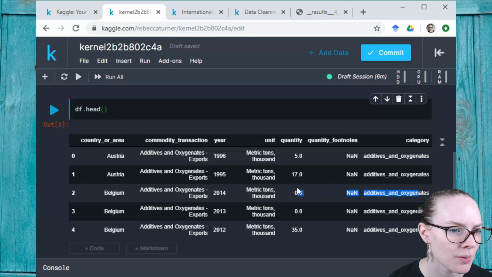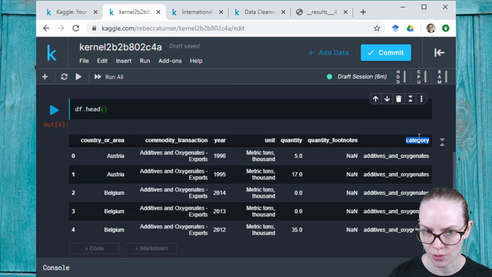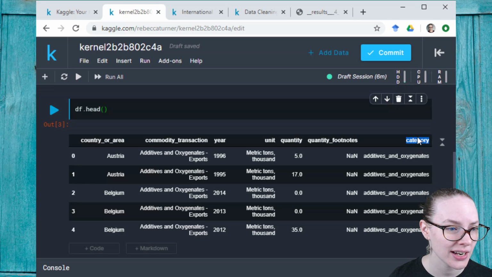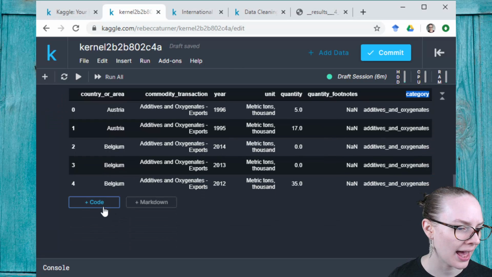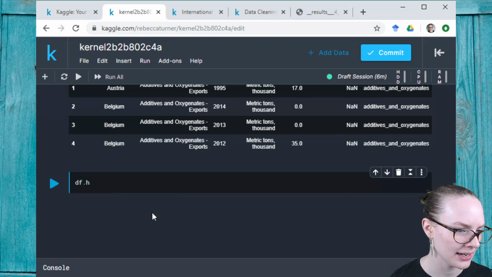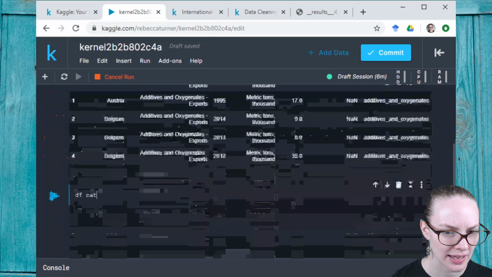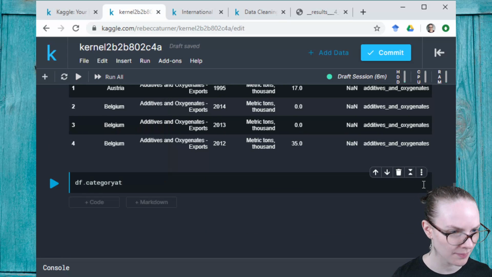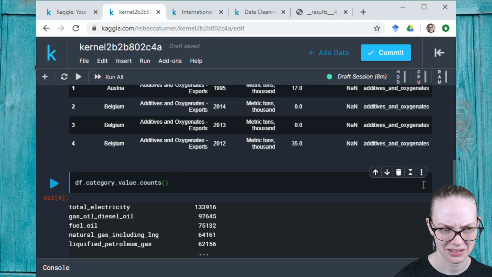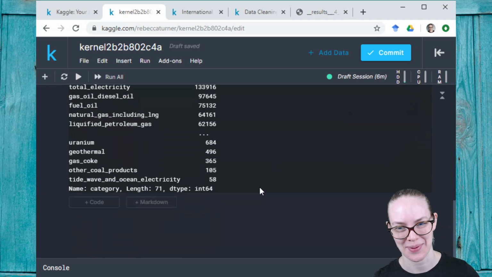As I remember, it was category that we seemed to have a lot of inconsistencies in the data entry in. So let's look at value counts for that. It was category, right? Category, yep. And see, I'm getting better at pandas, y'all.